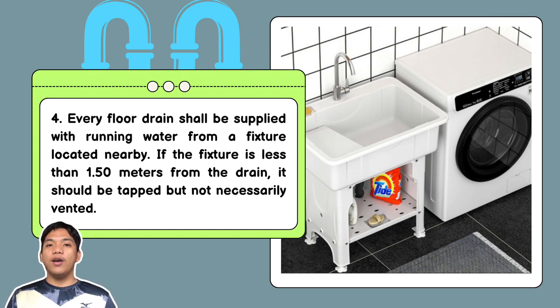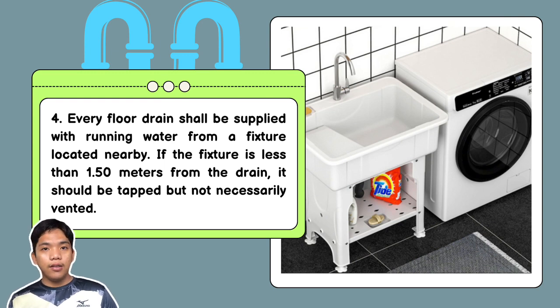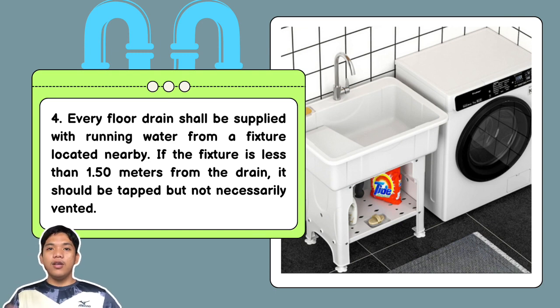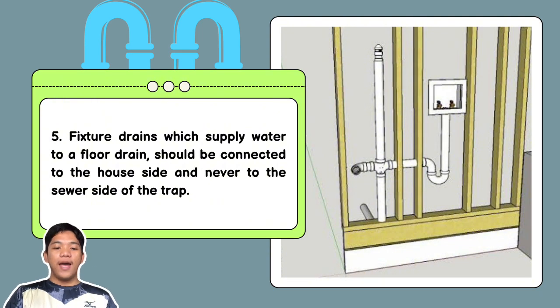Kailangan talaga merong ganun kasi it is useless naman to have a floor drain pero wala namang running water mismo dun sa area na yun. Naglagay ka pa ng floor drain, ano na namang i-drain mo? Hangin ba? Or mag-build up lang ng alikabok doon? So, yun. Para hindi rin dagdag gastos. If ever ganun.